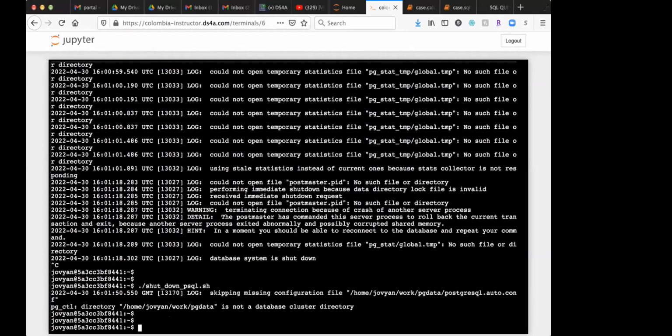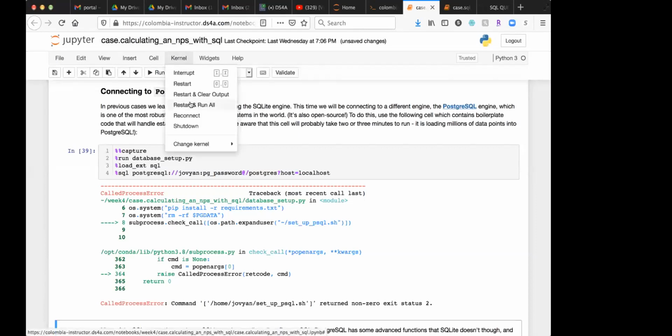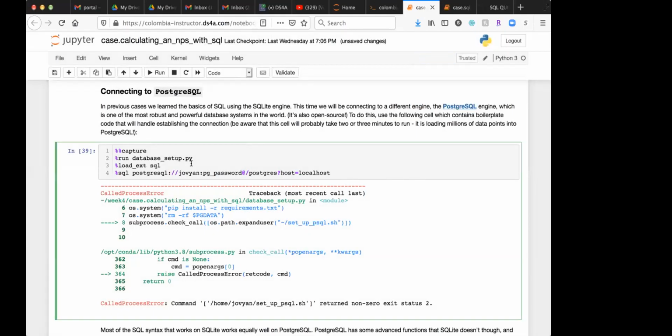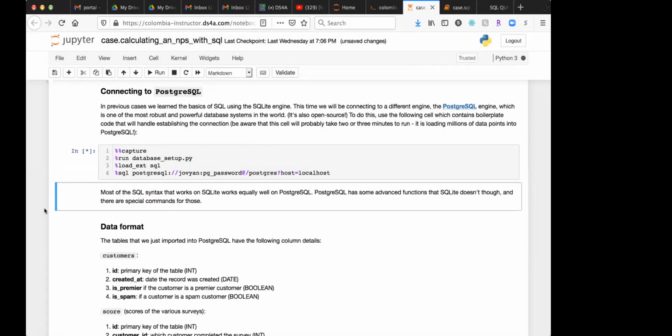Okay, I believe it's deleted. Please do a kernel restart in the notebook. Restart and clear output, and let's see if we can run it again. I believe there are some libraries at the top that we need to run.